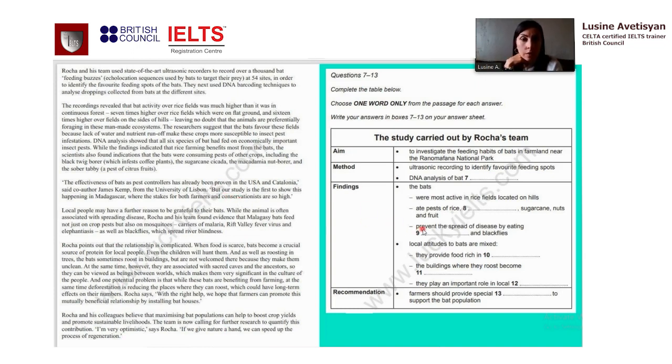Going to another discovery, they found that the bats prevent the spread of disease. Oh, that's interesting. So the bats stop the spread of disease, viruses, by eating something and the black flies.